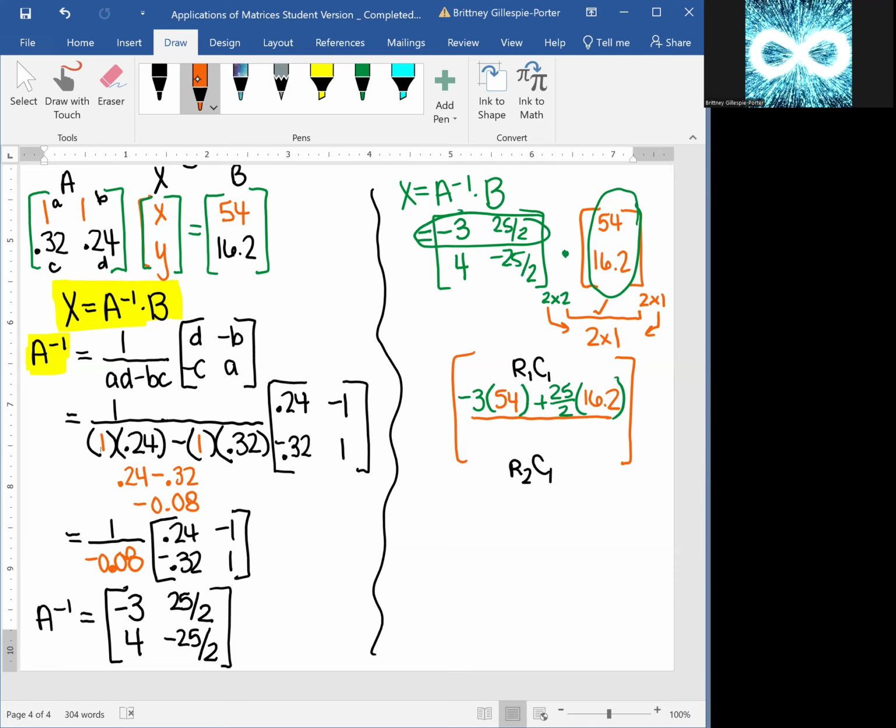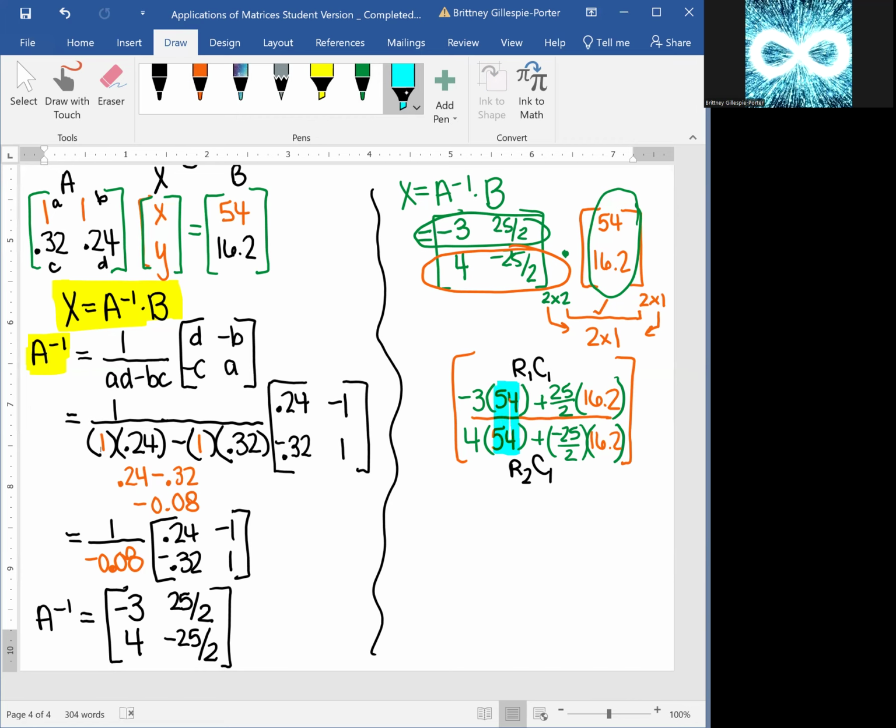Now that we're done with row 1, column 1, let's go ahead and do row 2 times column 1. 4 and 54 both come first, so we're going to take 4 times 54. And we have plus a negative 25 over 2, or just minus 25 over 2 if you want, times our 16.2. And remember, the numbers right above each other should be the same in the parentheses.